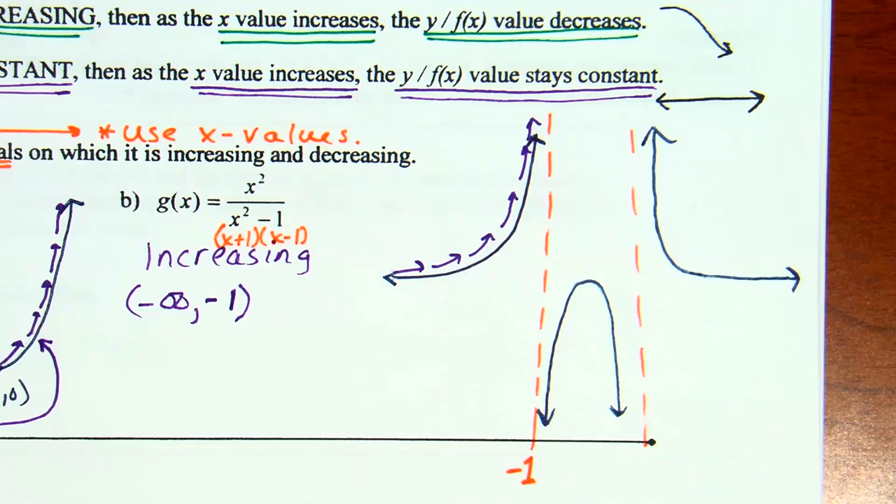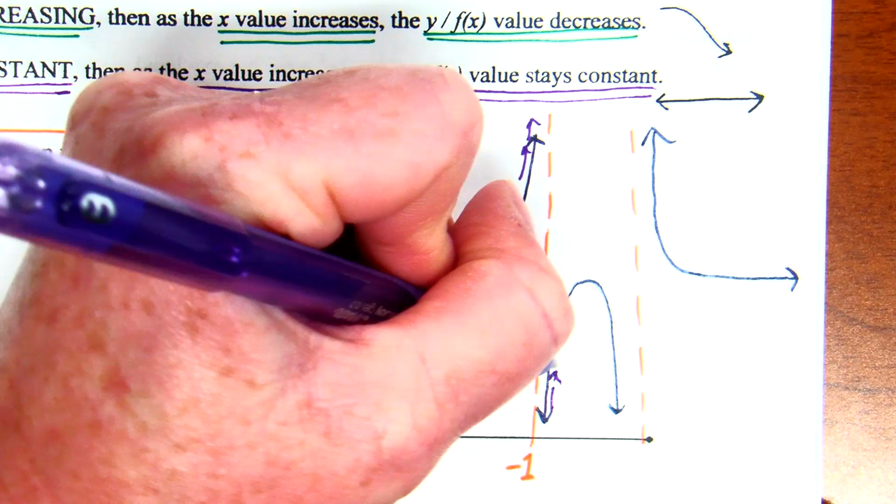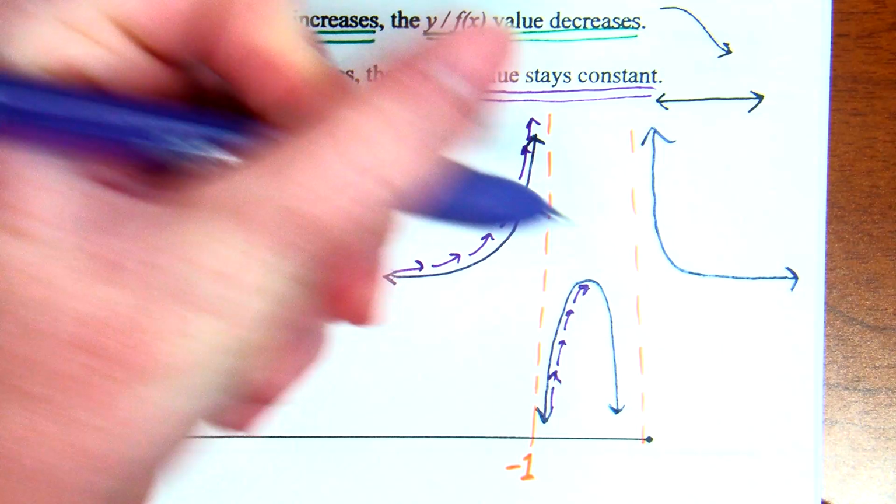Hang with me. Okay, so now we're going to jump down here on the other side of negative 1. What is my graph doing at this point? First things first, we're going to increase. What are we increasing to? If you look in your calculator, this point is at 0, 0.